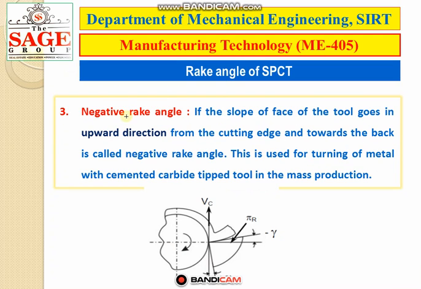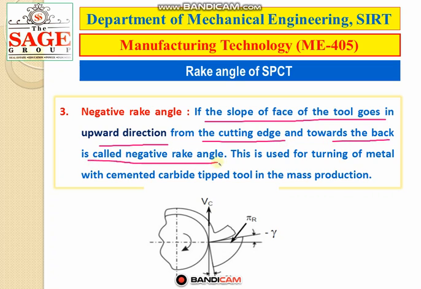Next is negative rake angle. What is negative rake angle? If the slope of the face of the tool goes in upward direction from the cutting edge and towards the back, it is called negative rake angle. Positive rake angle we have already defined, zero angle we have defined.